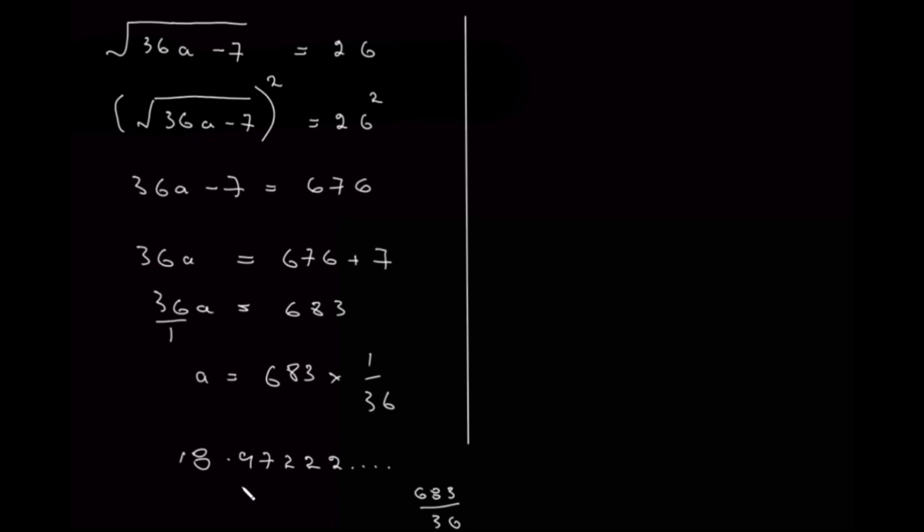Does it work? I hope so. Let's have a look. Putting it in a bracket, we have 36 times the value of a, which we said was 683 over 36. And we wanted the square root, oh wait a minute, minus 7. Now it's correct. Equals 26. We hope.